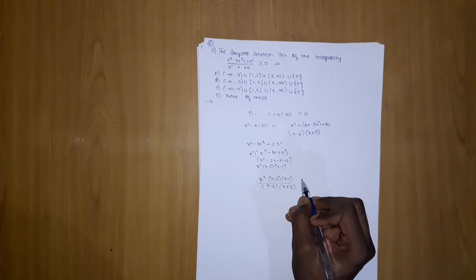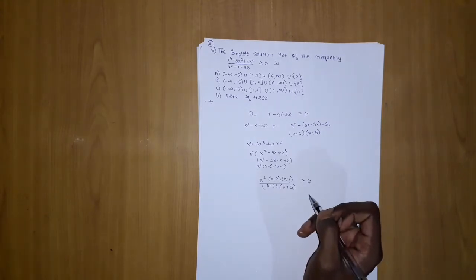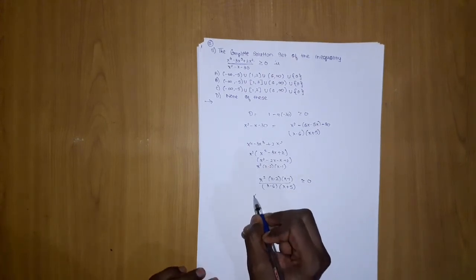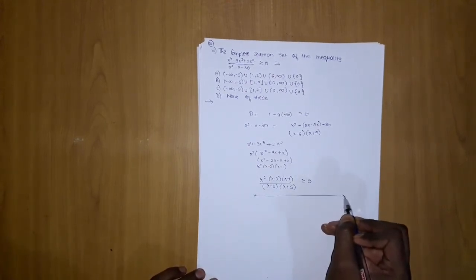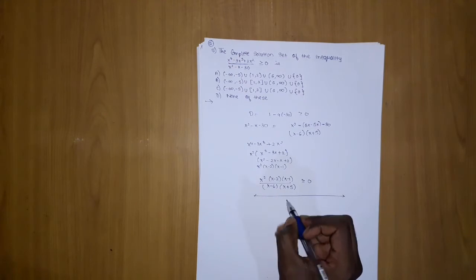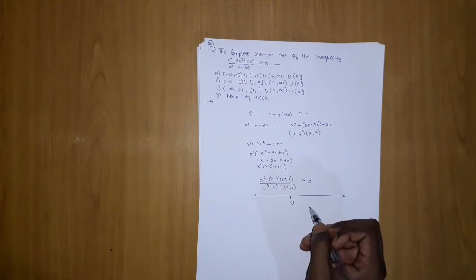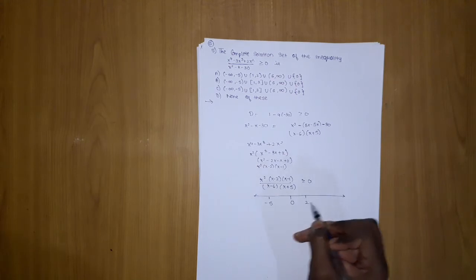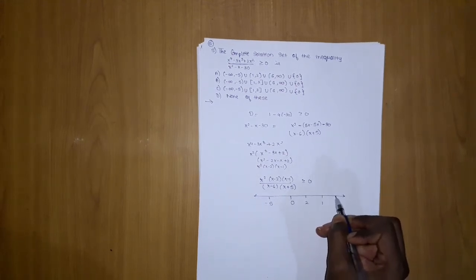Greater than or equal to 0. After doing this, let's plot the number line. On the number line, just plot the values. There will be 0, that is confirmed, and there will be minus 5, 2, 1 and 6 also.